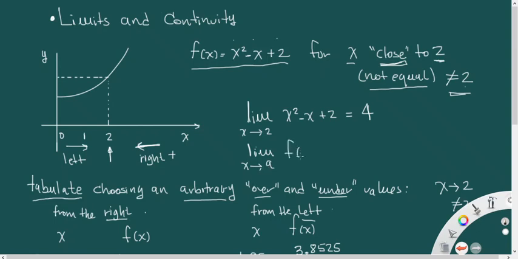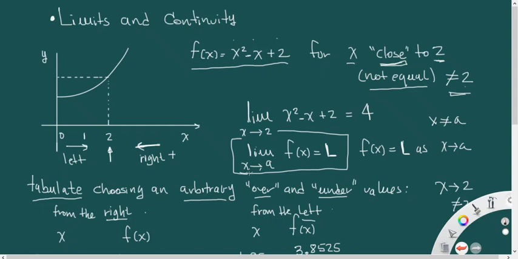In this case, the value of the function will be equal to a number L, or f of x equals L as x approaches a, but x will never be equal to a. So this is the formal concept of the limit. There are some other details that we need to consider, but for now this is enough.